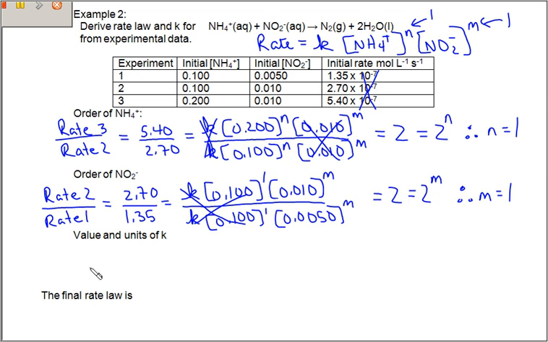I'm going to choose experiment 2, but I just as easily could have chosen a different experiment. So I'm going to have rate equals K, ammonium to the first, nitrite ion to the first. So using experiment 2, I have 2.70 times 10 to the negative 7th. I do have to put this back in now. I'm going to change this moles liters negative 1 to molarity because it makes the units easier to handle.